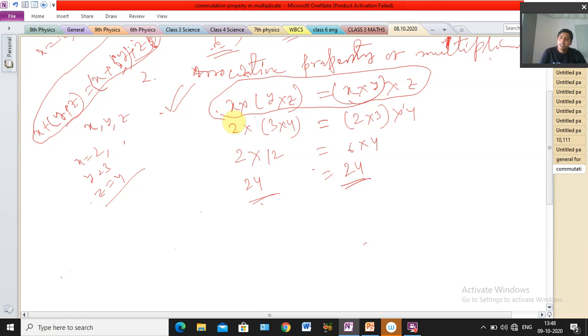Next, point number 3. Point number 3 was additive identity. So here it will be multiplicative identity.